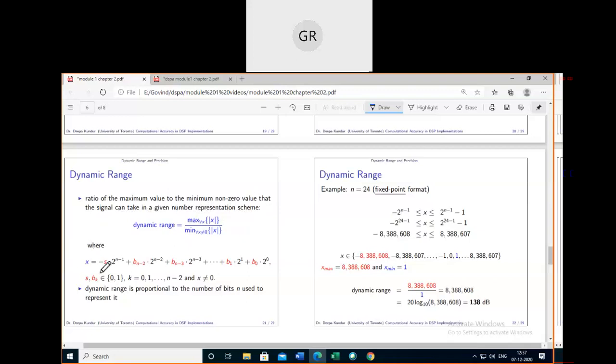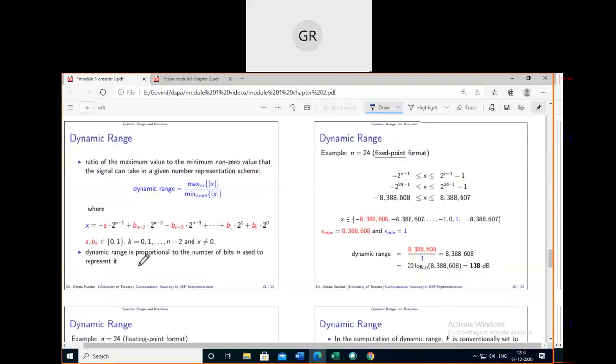Okay, this is the integer number representation, 6 point. X is equal to minus s times 2 to the n minus 1 plus b of n minus 2 times 2 to the n minus 2 plus b of n minus 3 times 2 to the n minus 3, and so on. The dynamic range is proportional to the number of bits n used to represent it. Just remember this.